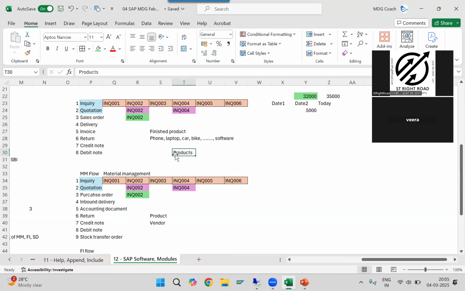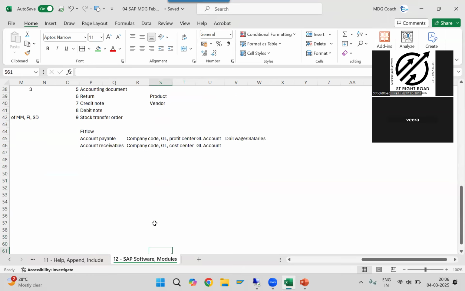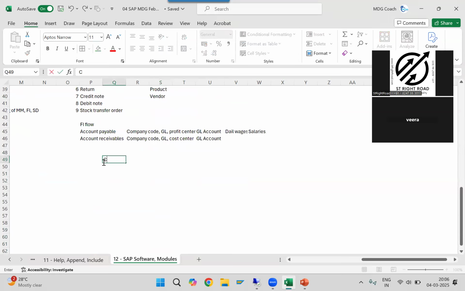Here also product is common. Here, customer. Here, vendor. Customer and vendor combiningly they are calling it as customer vendor. And sometimes customer can become vendor. Some vendor can become customer.